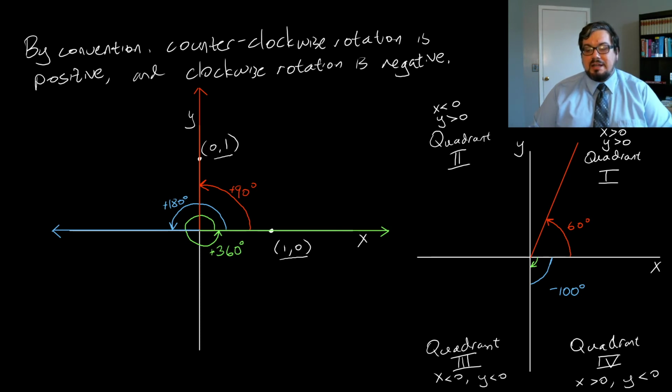So this green angle is going to be negative 90 degrees. So if our blue angle is going to negative 100 degrees, it's going to be going somewhere more than that. So it's going to be going somewhere out here in quadrant 3.